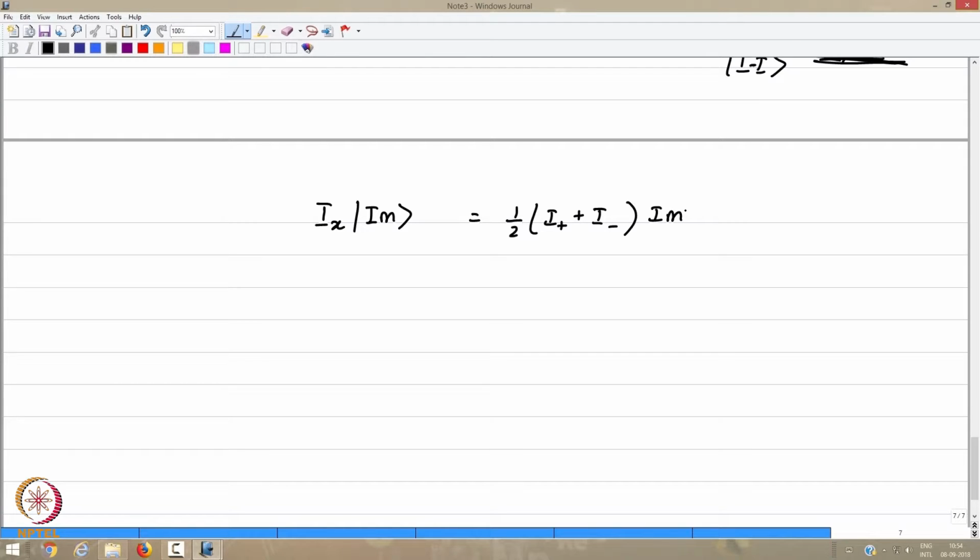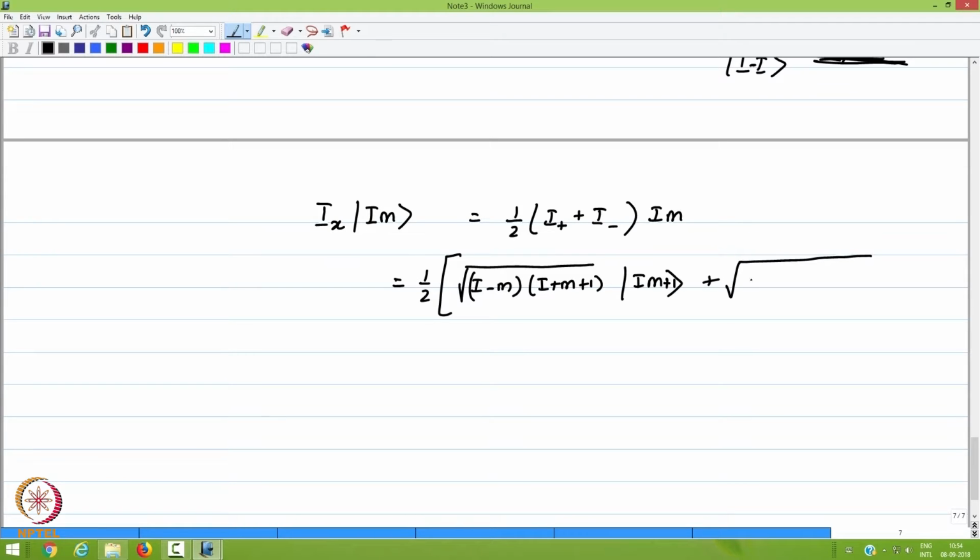Thus, the answer would be 1 by 2 square root of I minus m times I plus m plus 1 with the state I m plus 1, and I minus giving you plus square root of I plus m I minus m plus 1 on the state I m minus 1. That is the action of the operator on the state Im.